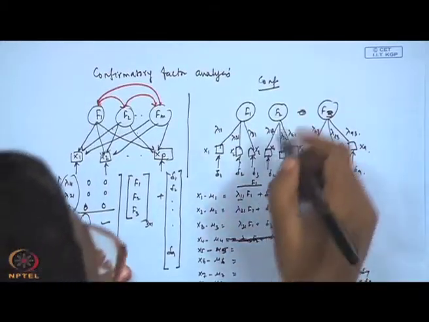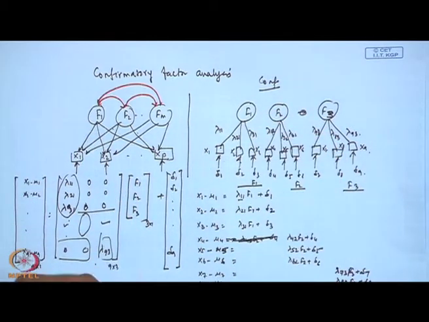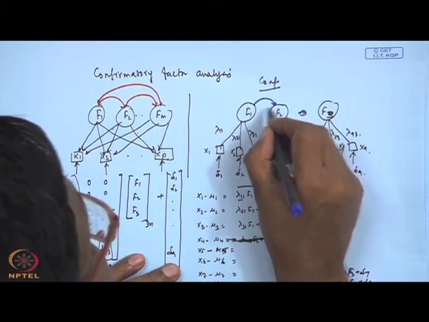And another important difference will be here that we want, particularly for confirmatory factor analysis, the covariance structure also.